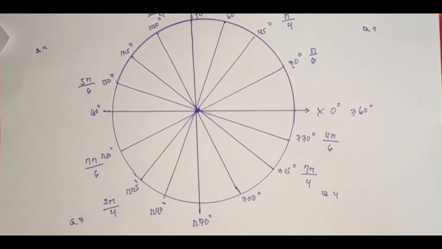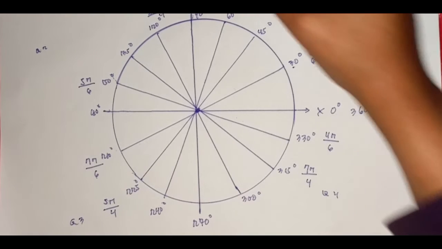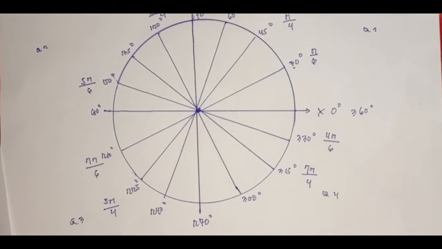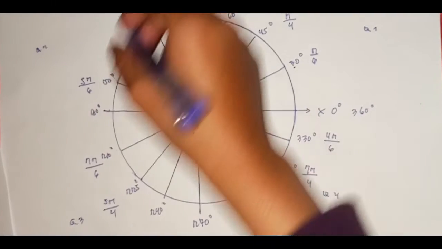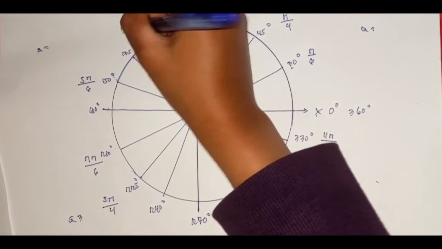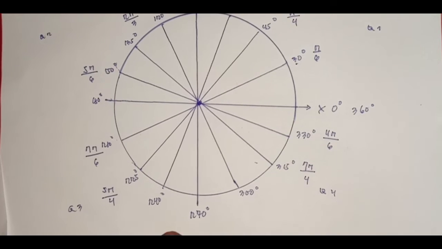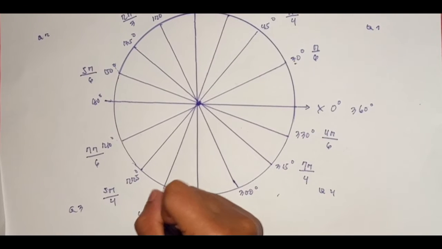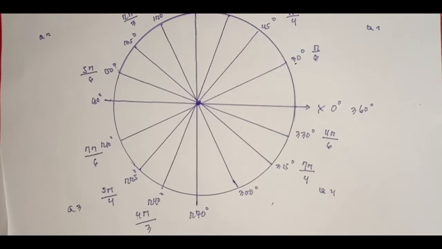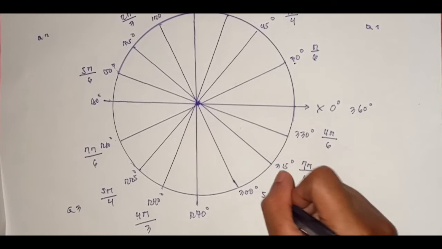So they share the same reference angle of 45 degrees. Now let's have 60 degrees, which is the same as pi over 3, 120 degrees is 2 pi over 3, 240 degrees is 4 pi over 3, and 300 degrees is 5 pi over 3.